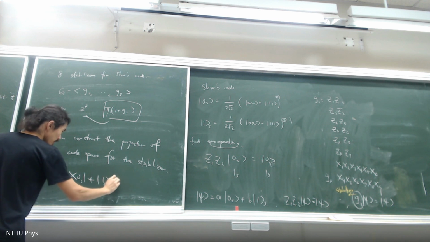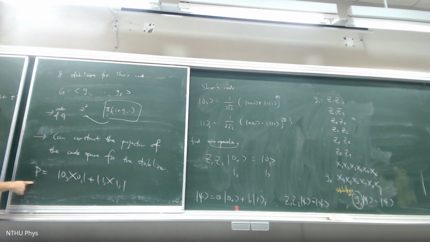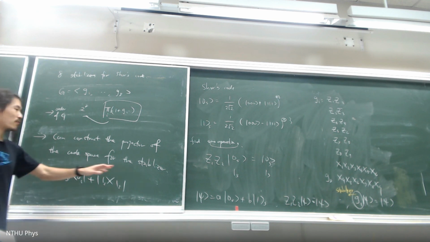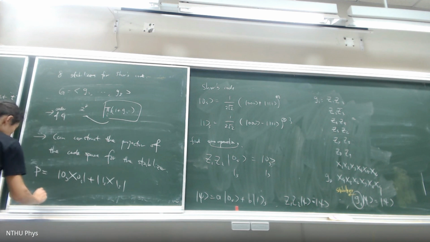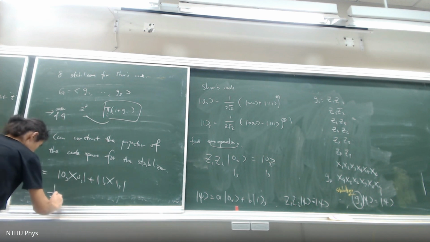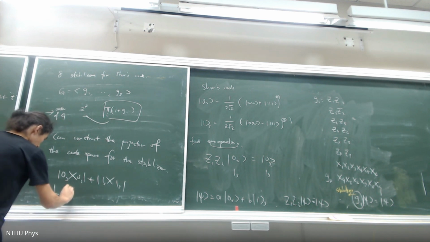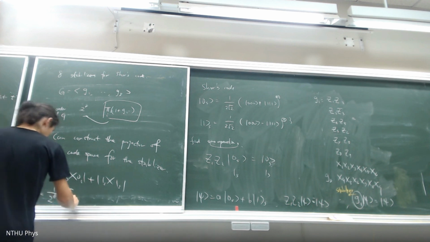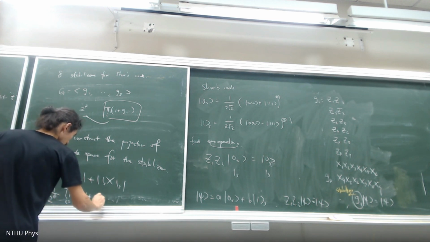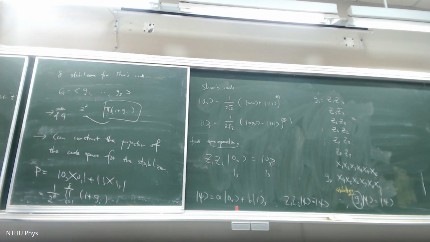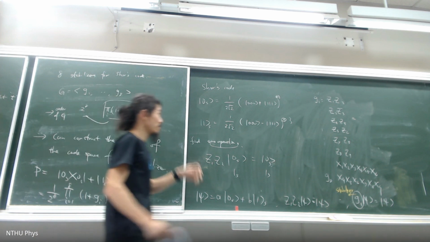So I first claim this projector of the code space can be constructed from the stabilizer, meaning that I can show this is equivalent to, just show this, and this is very general. So I just use this as an example.